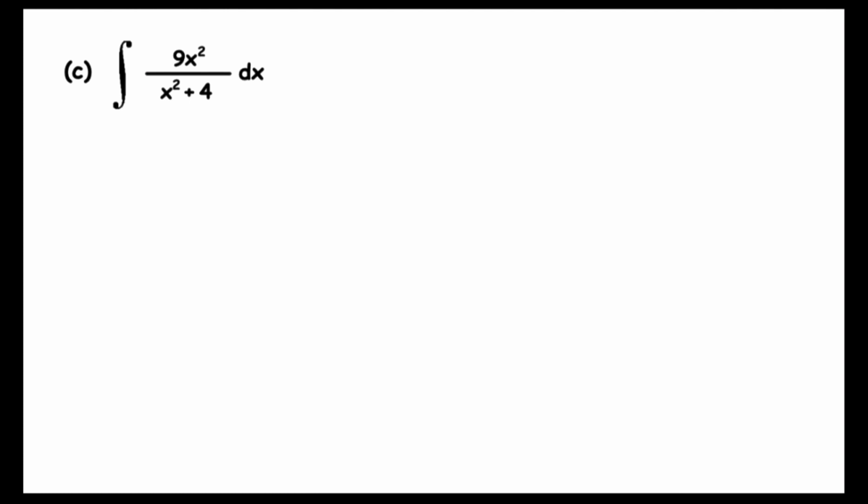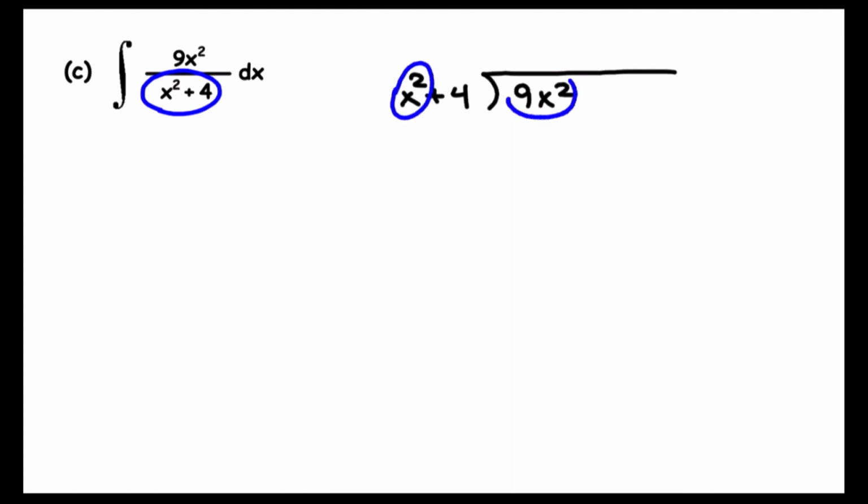All right, let's long divide. In this instance, it would be tempting to put the x squared plus 4 inside, but it is in the denominator, so actually it is the divisor. It's on the outside. All right, so we look at the first term in each. This only has one term, so we'll look at it. And you say, x squared times what is 9x squared? And obviously the answer is 9. It's not much of a long division, which is cool.